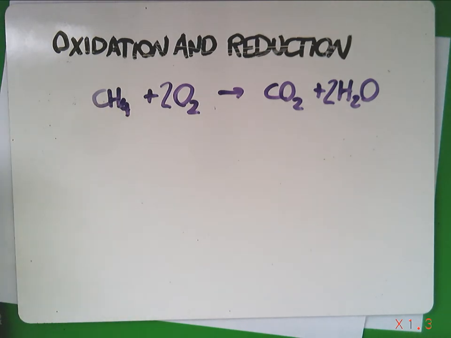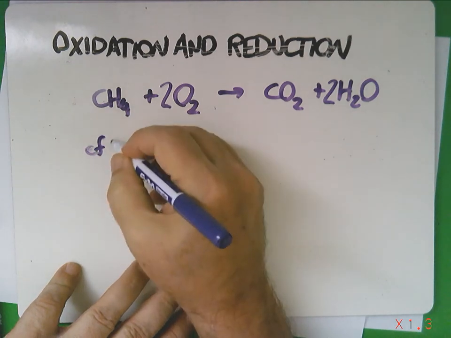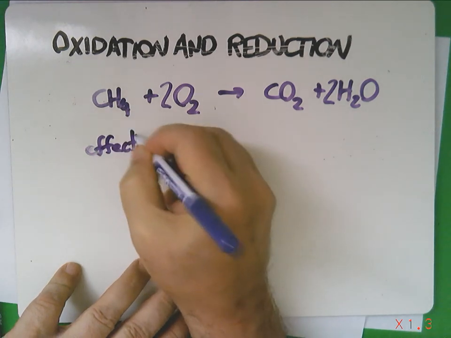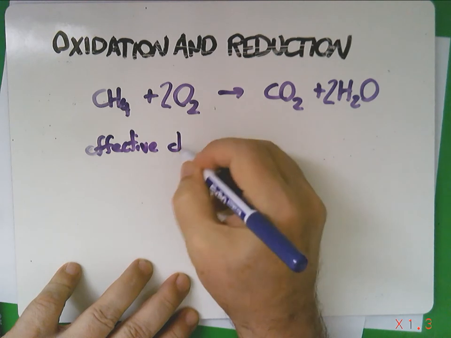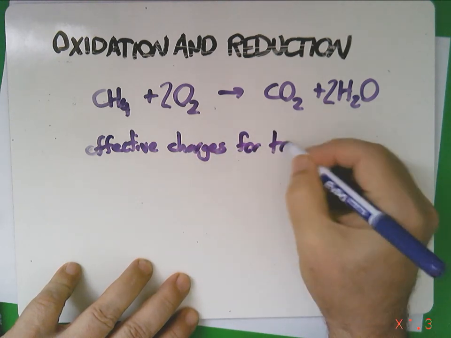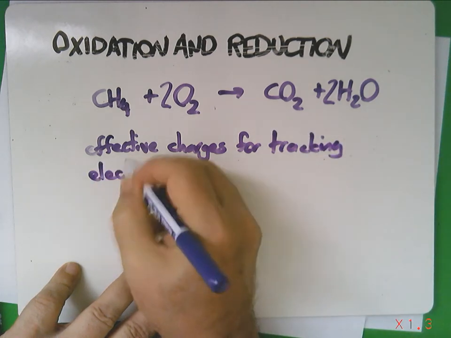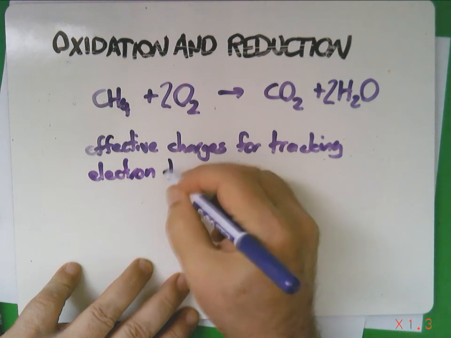But these are no longer really charges that we're talking about here. In a covalent compound, you don't have ions. But you can assign charges to see where the electrons are going from. Let's call them effective charges for tracking electron transfers.